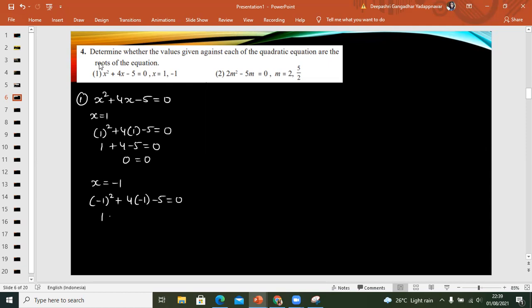Positive times negative is negative 4, minus 5. 1 minus 4 is negative 3, negative 3 minus 5 is negative 8. Now this is not giving you 0. That means x = -1 is not a solution, not a root of this equation.